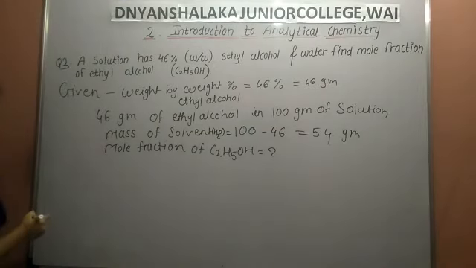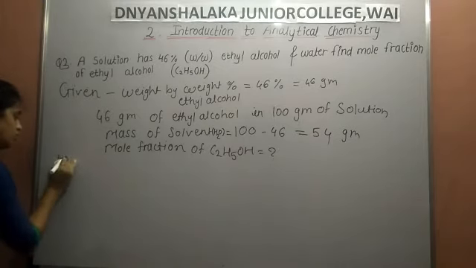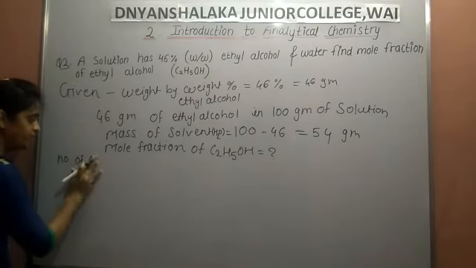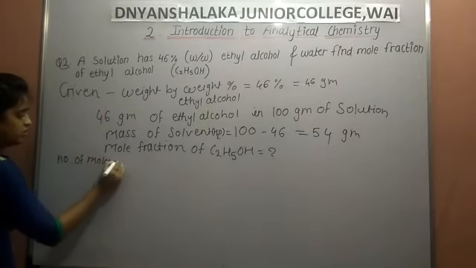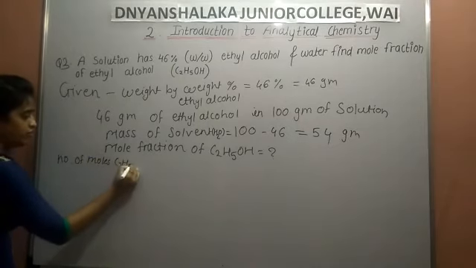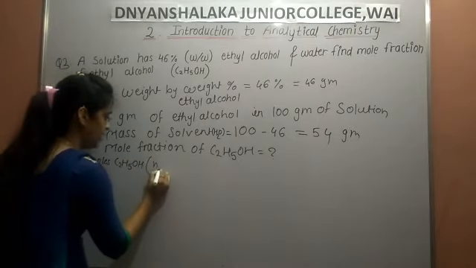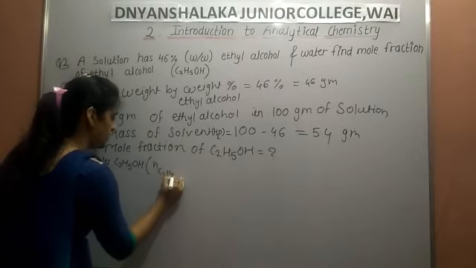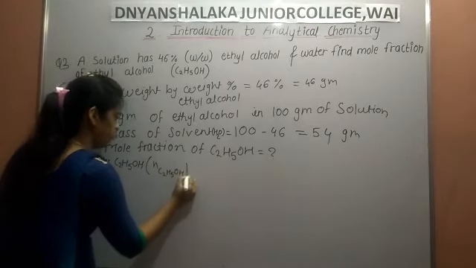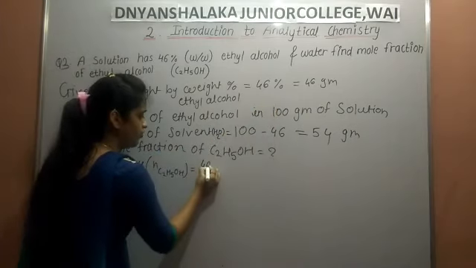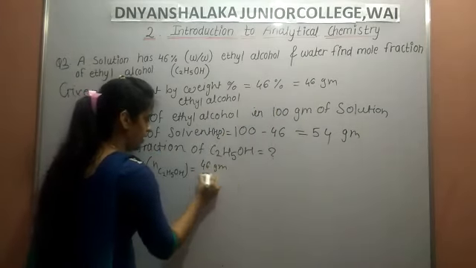So first we have to find out the number of moles of ethyl alcohol, number of moles of C2H5OH. Symbolically we write it as n C2H5OH. Using the formula, the given mass is 46 gram and the molar mass.